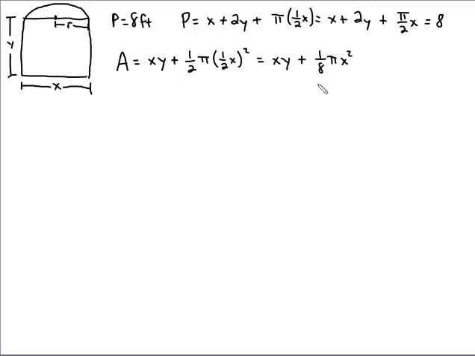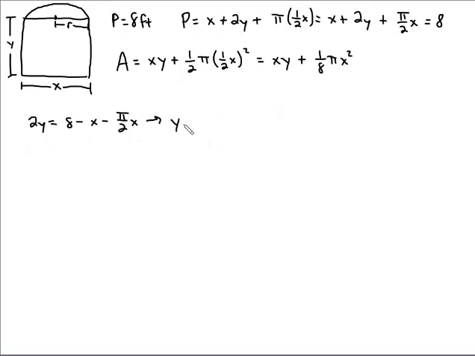Okay, now we need to eliminate one of these variables here, specifically the y variable, so we can come back up here to our equation for perimeter, solve that thing for y. So we're going to get, let's see, 2y is equal to 8 minus x minus pi over 2x. So we'll simplify this term.